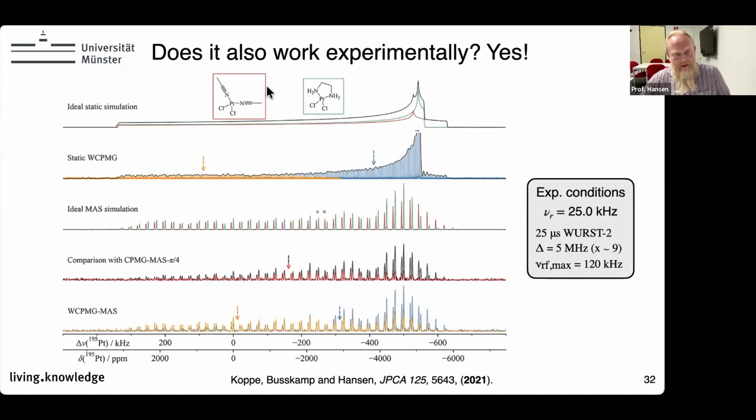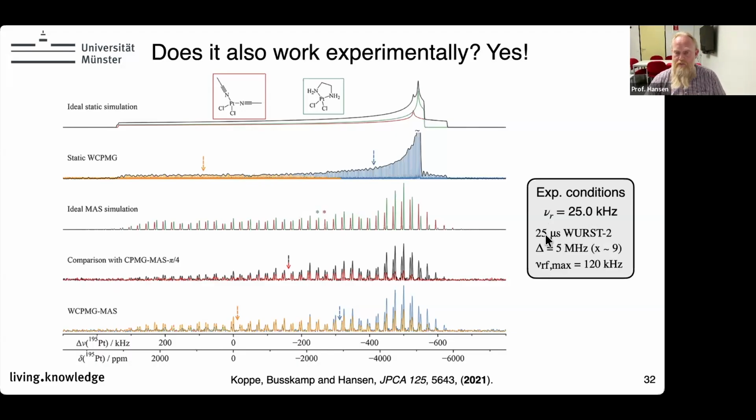Here's, let's say, a model compound consisting of 2 platinum complexes. This is the static WCPMG spectrum recorded at 2 different offsets and then co-added. This is the simulation based on the values from the literature. And then what we've done here is that we've spun the sample at 25 kilohertz.